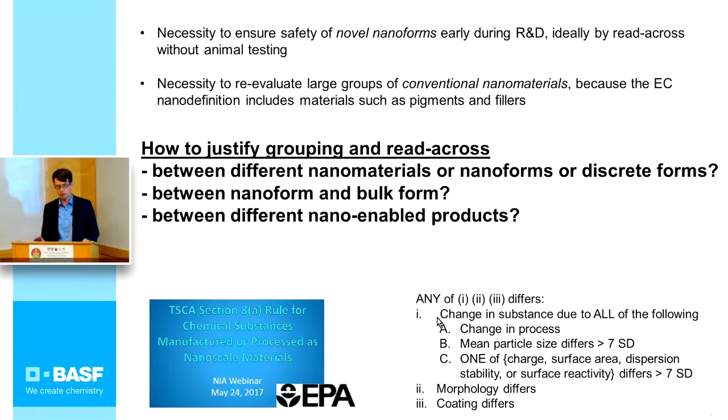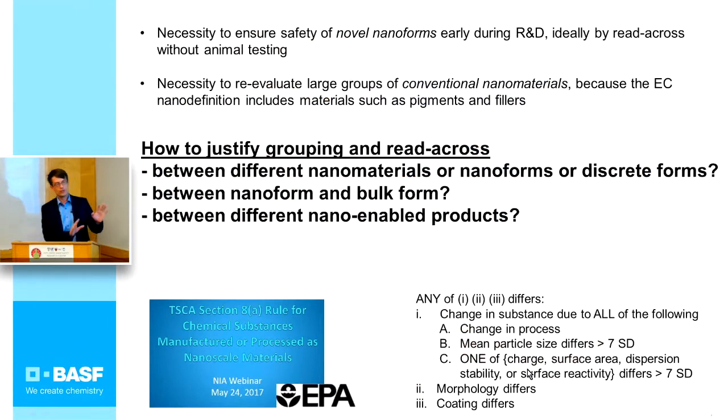So there's a good overlap with the nanoforms, but it's not identical because they also look at changes in the process. They define 7 standard deviations as a metric to have certainty that one form is really different from another form. And then they also introduce more properties such as charge, surface area, dispersion, stability, surface reactivity.